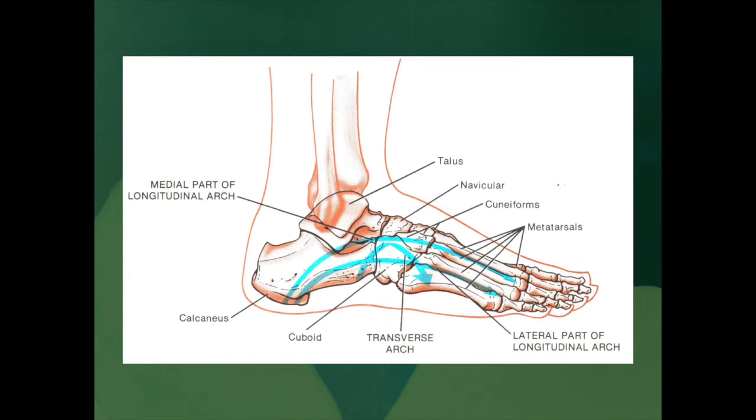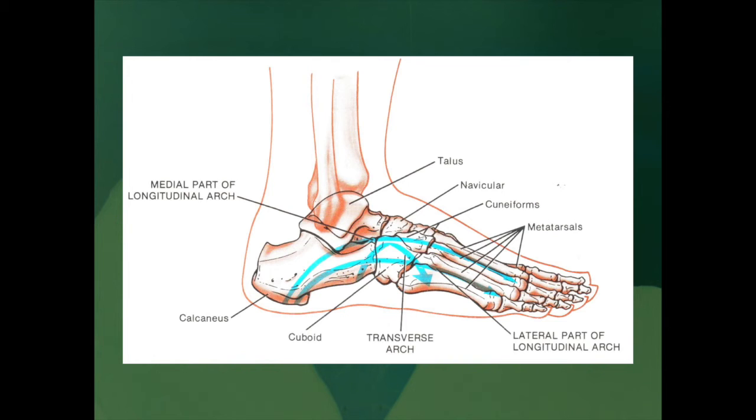Or if they were to step from a wet surface onto dry pavement, you would not see that very typical kind of impression that the foot makes, where it has this gap where the longitudinal arch exists. So flat-footedness, again, is something associated with a falling of that arch as a result of weak muscles, tendons, and ligaments.